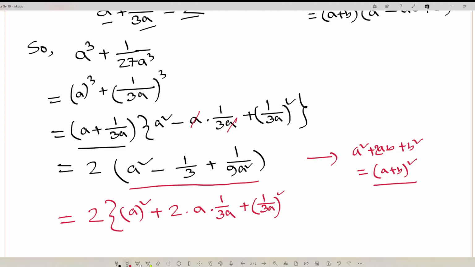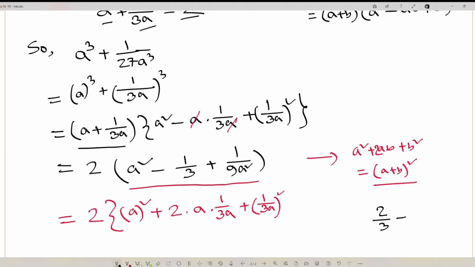Now if we cut this one we can get 2 by 3, but here is minus 1 by 3.